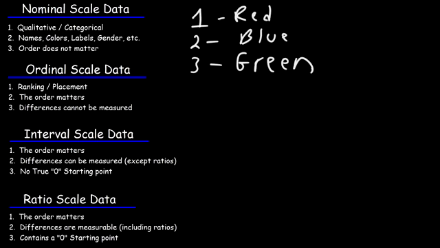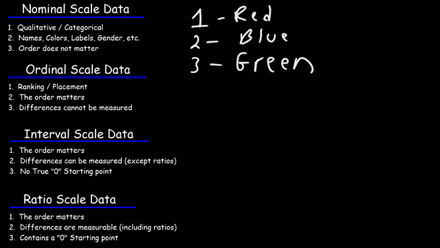Red doesn't have a higher quantitative value than blue. It's all arbitrary. So it really doesn't matter which way we order it. Blue could be number 1 or green could be number 1. It really doesn't matter. And so as you can see, these qualitative forms of data cannot be used in calculation.